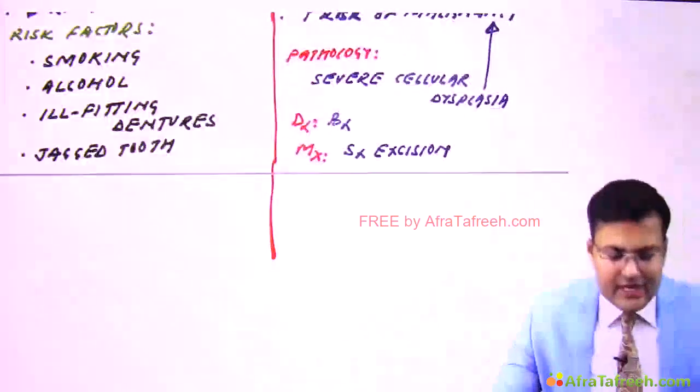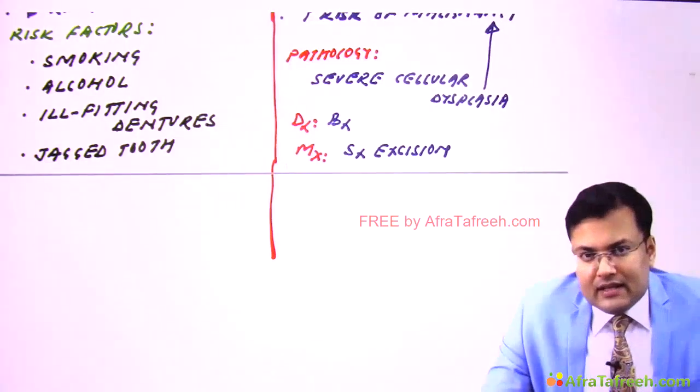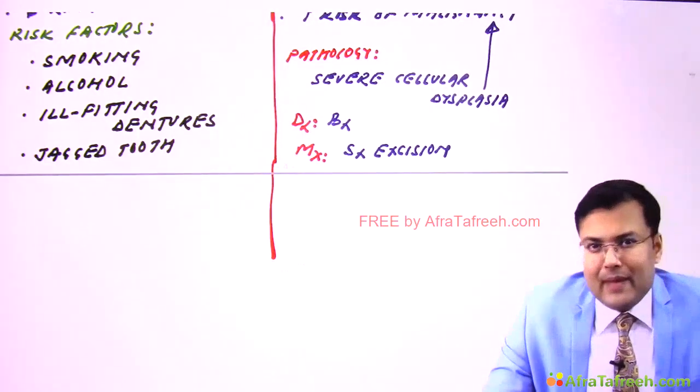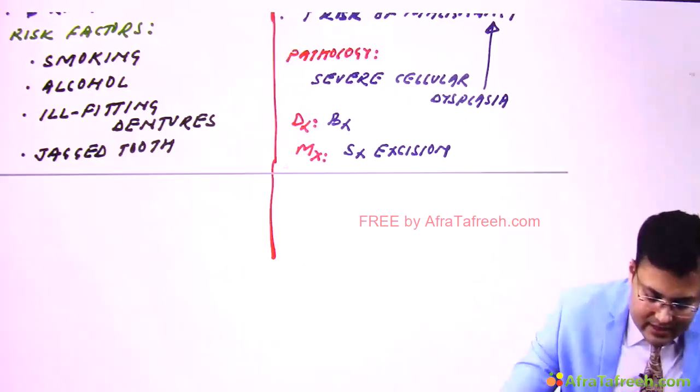Okay, but see what happens in leukoplakia. The key pathological features are hyperkeratosis, parakeratosis. Patients are having acanthosis. This is asked in pathology.